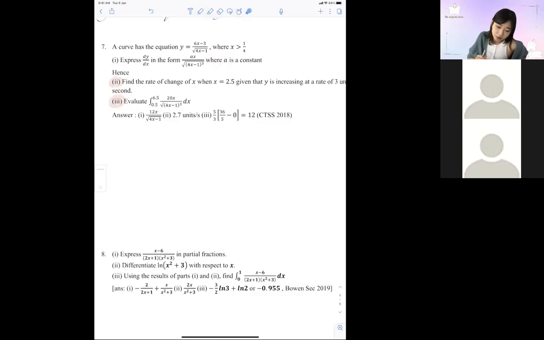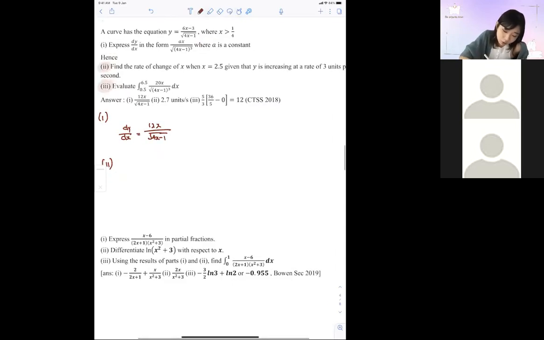All right. Dylan, can you do part 1? Okay, good. Tasha confirm can do part 1, so I'll just keep that. Then for part 2, you want to find the rate of change of x. And then they give you that y is increasing at this rate.